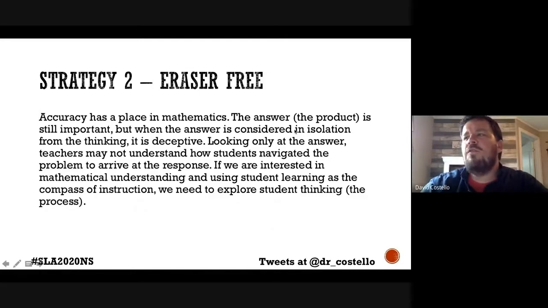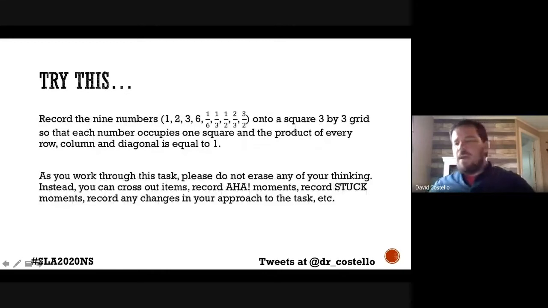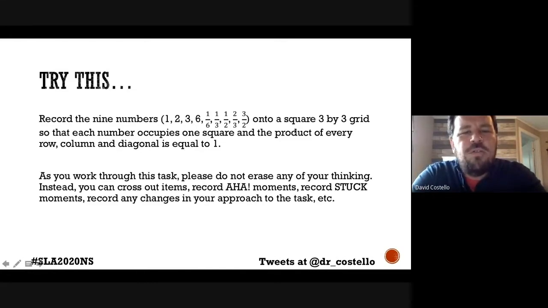And what I have for you is an example here. If you have a piece of paper next to you or a tablet or whatnot, I have 9 numbers: 1, 2, 3, 6, 1/6, 1/3, 1/2, 2/3, 3/2.